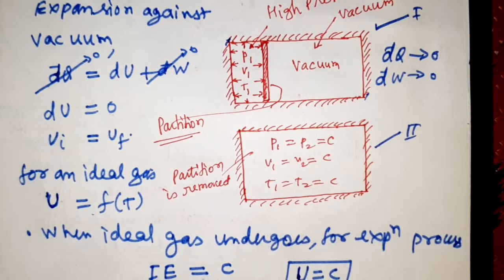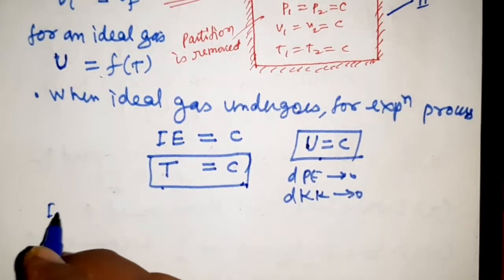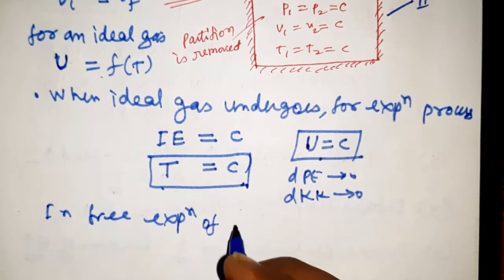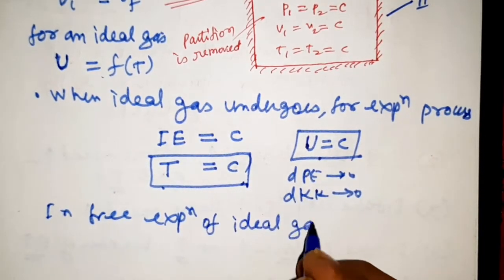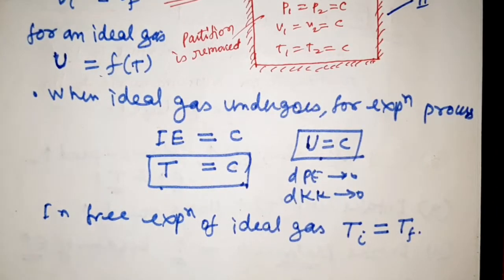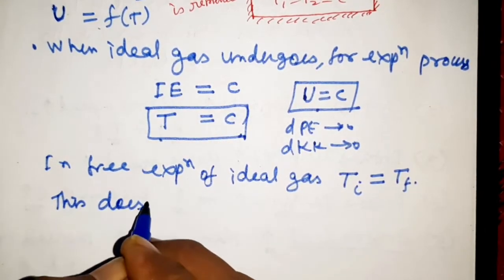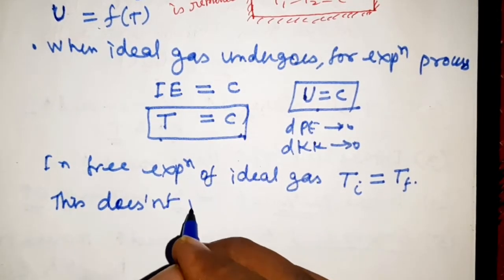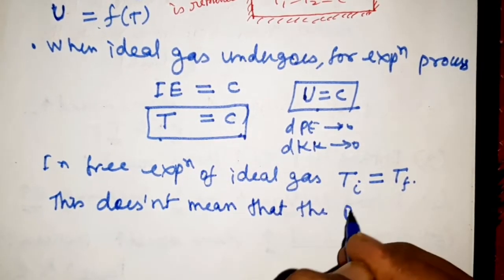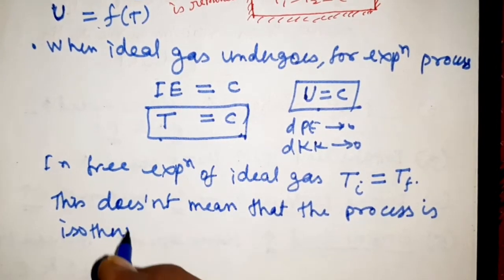So we can say in free expansion of an ideal gas, initial temperature is equal to final temperature, and this does not mean that the process is isothermal.